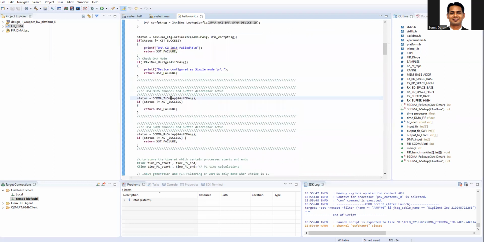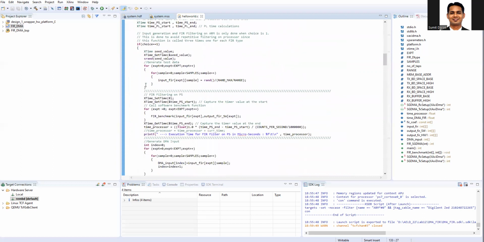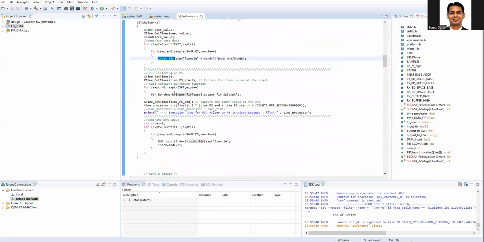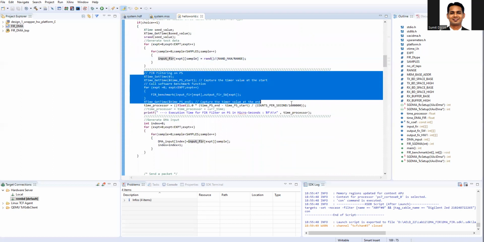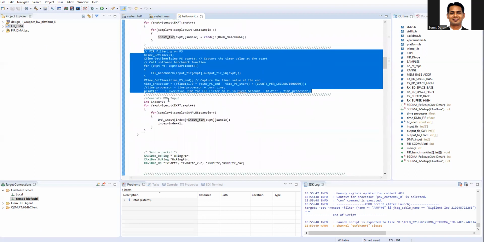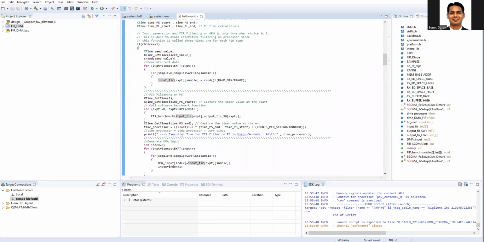We do the TX setup and RX setup, which remain the same. Then only when the choice is 1, we create the input, so that the input remains the same for all the later calls. That's why we have defined this as a global variable. Then we implement the FIR filtering on the processor only when the choice is 1, that is the first time, and we keep the serial data ready for the DMA. So this part will be executed only the first time.